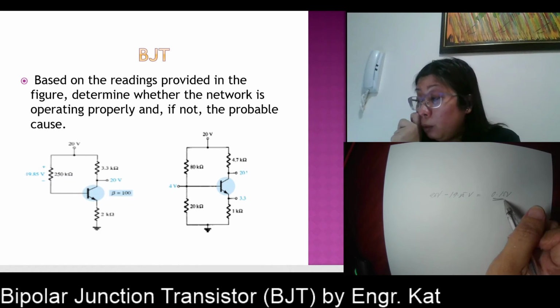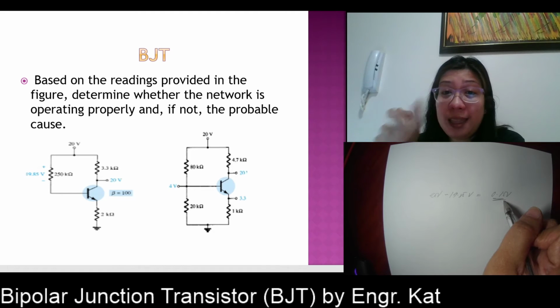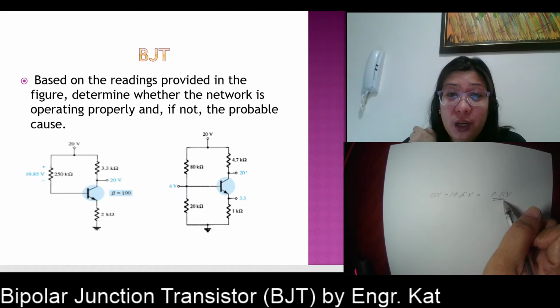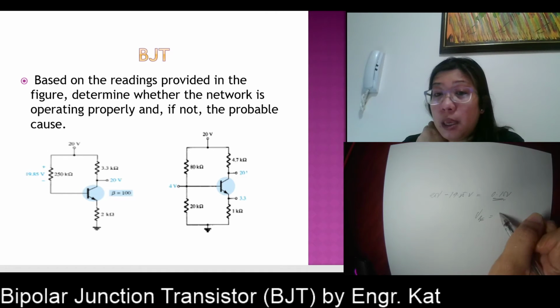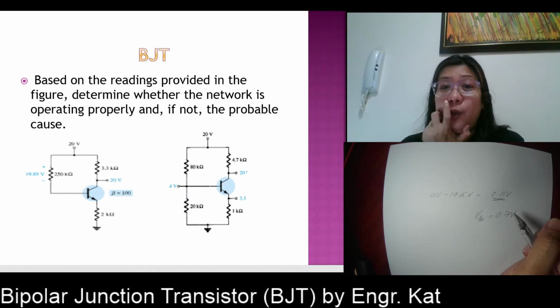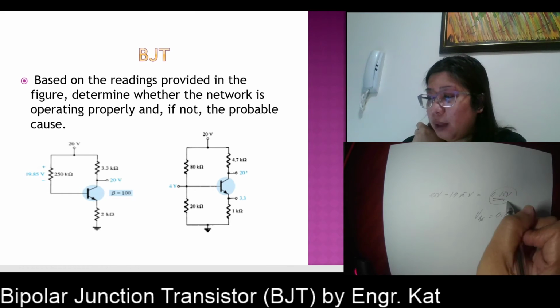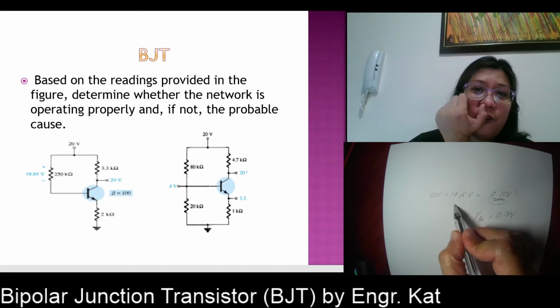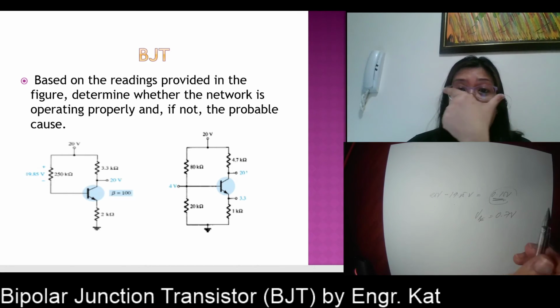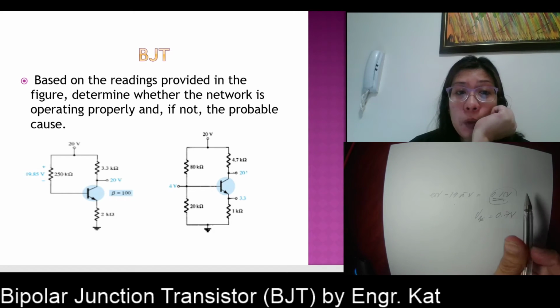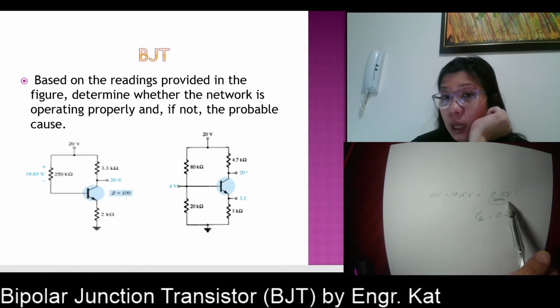We all know that 0.15 volts cannot turn on your transistor. Why? Because for your transistor to be turned on, your VBE must be equal to 0.7, right? So the only remaining voltage is just 0.15 because all of the 19.85 is being dropped at your RB.